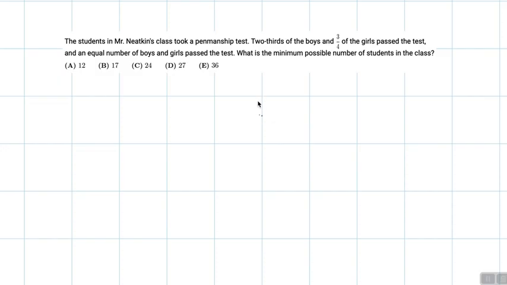So let's just say boys are X. An equal number of boys and girls passed the test. So it's true that 2/3 X equals 3/4 Y. So minimum value of X.